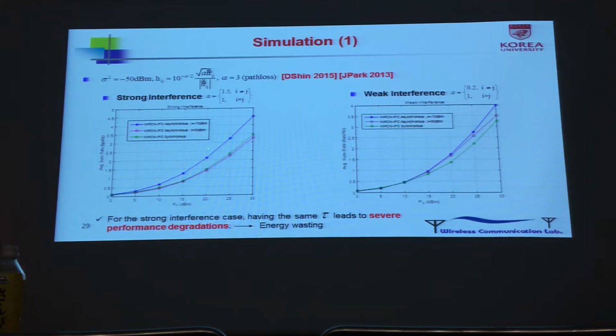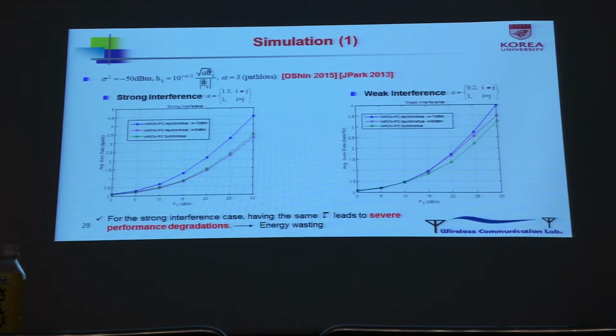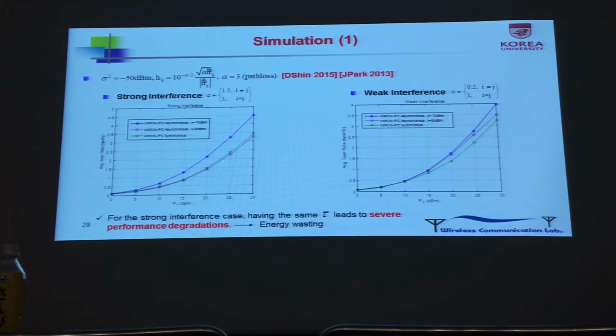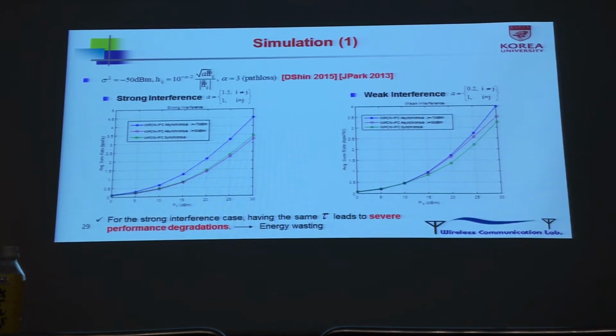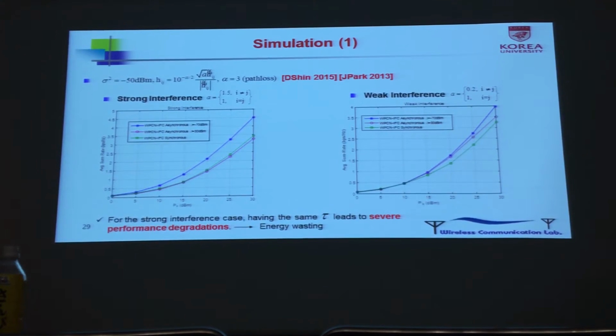To sum up, we can see that the blue curve shows our proposed scheme, whereas this green curve shows the special case where both cells have the same tau. So we can see that optimizing tau is quite critical to improve the performance.